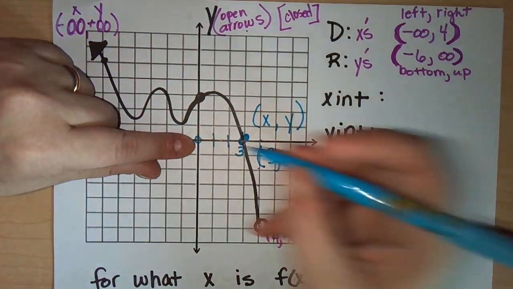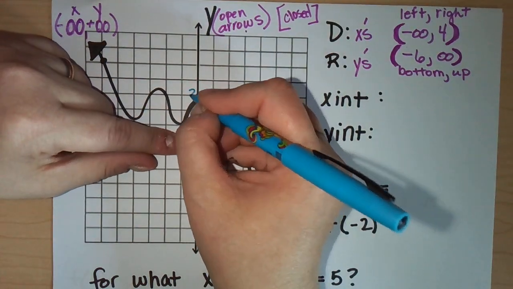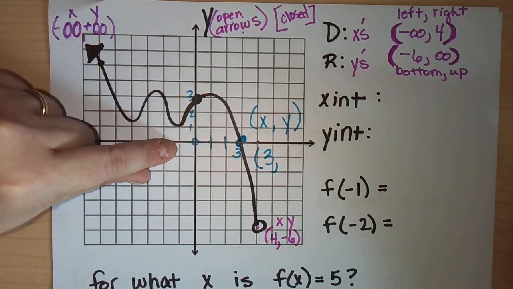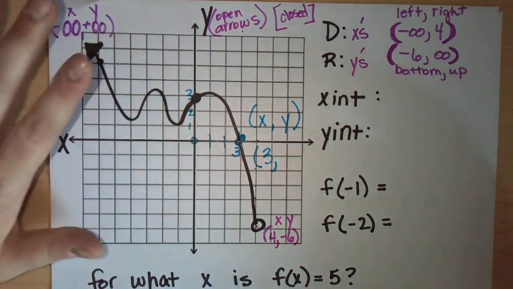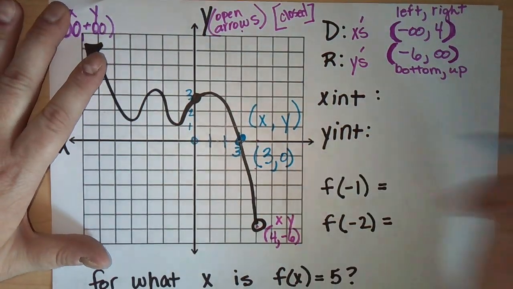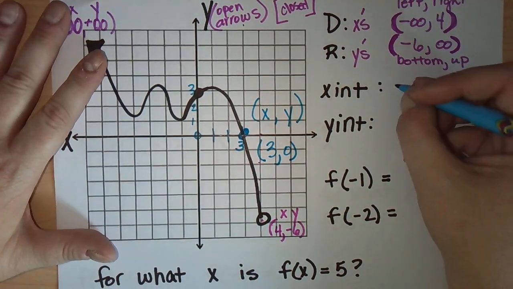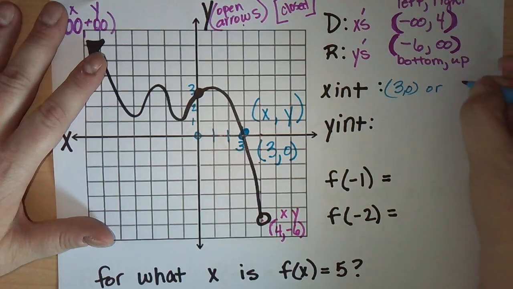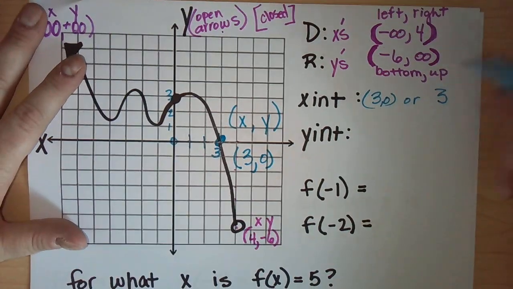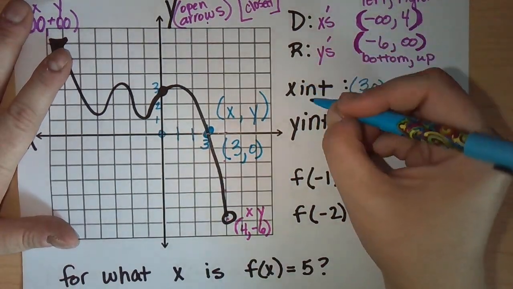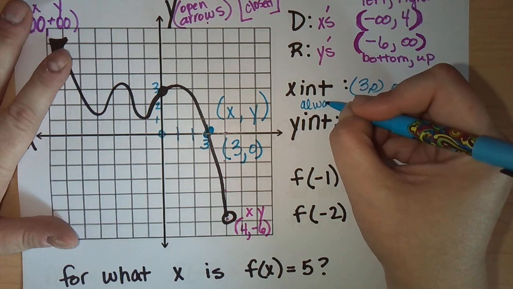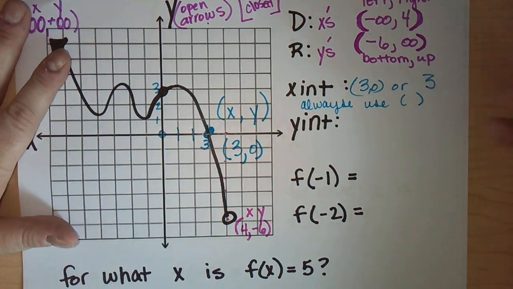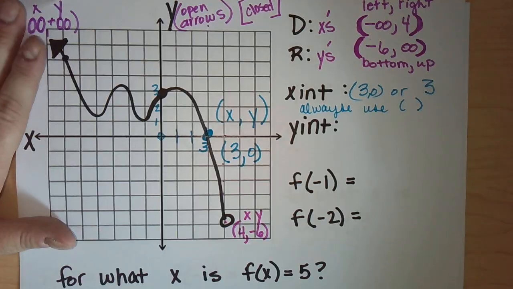So my Y value is not 1, 2, 3, no. My Y value is just 0 at this dot because it did not go up or down. All right, so my x-intercept, we can say (3, 0) or 3, 0. And for x and y intercepts, we always use parentheses if that's the way your homework wants them.